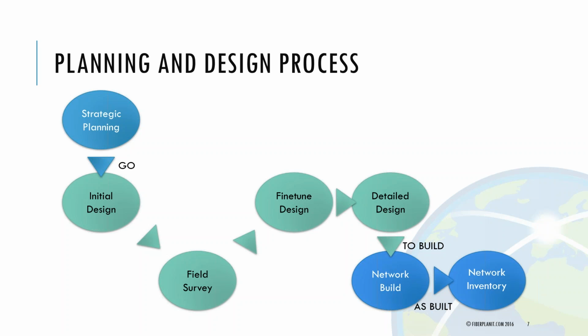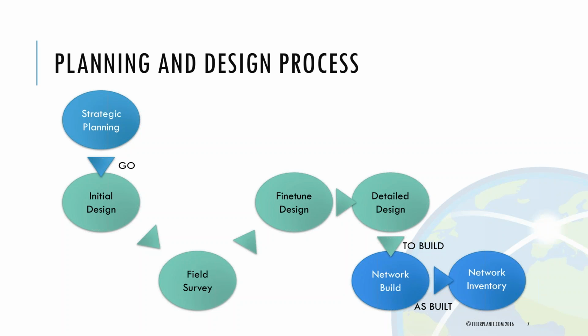Then, if you have decided to roll out your network in a particular area, you will do an initial design for this area. So you will decide where to put your cables, you put your ducts, where you can do your trenching, where fiber concentration points should be located, and so on. Then this initial design can be taken to the field to do an inspection if it is a feasible design, if everything can be built out the way that it was designed.